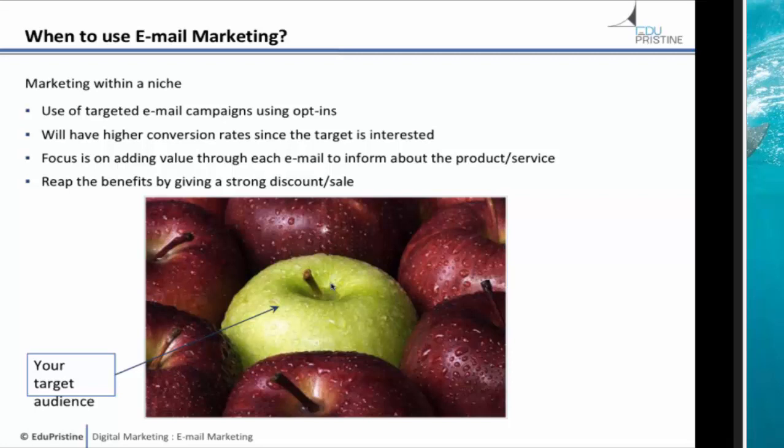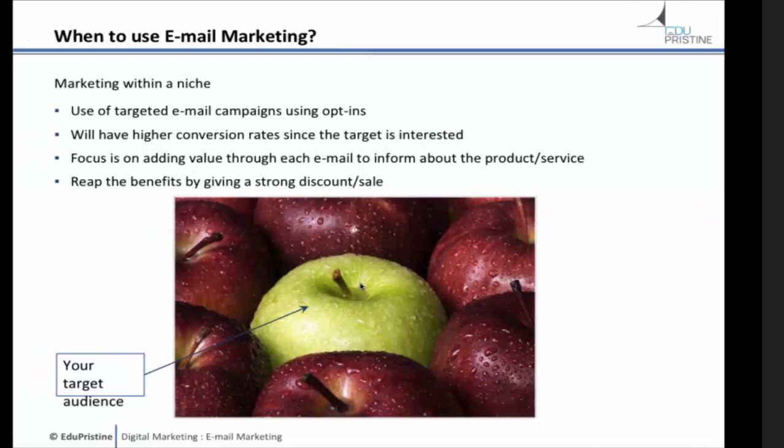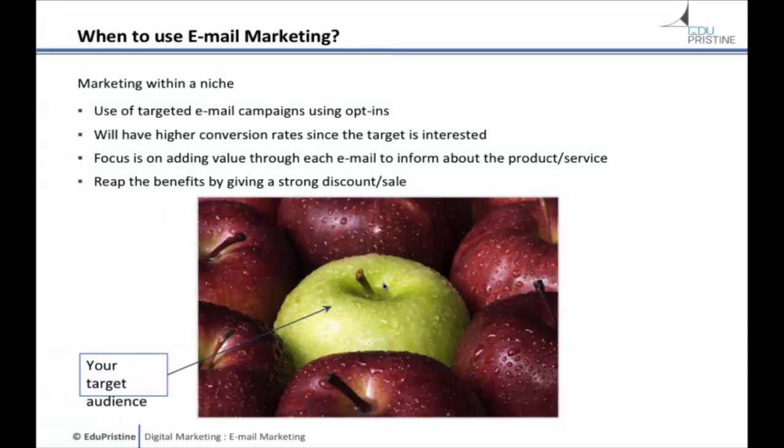Somebody might be interested in an Australia tour, somebody in a New Zealand tour, somebody in a US tour. For somebody who is interested in an Australia tour, it doesn't make sense if I start sending him information about the US tour or things to do in the US, because he's not interested. What he's interested in is the Australia tour, so I should be sending him more information about the Australia tour.